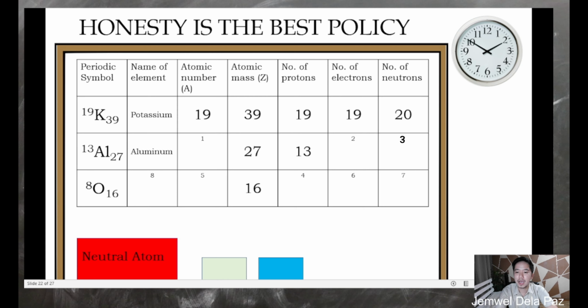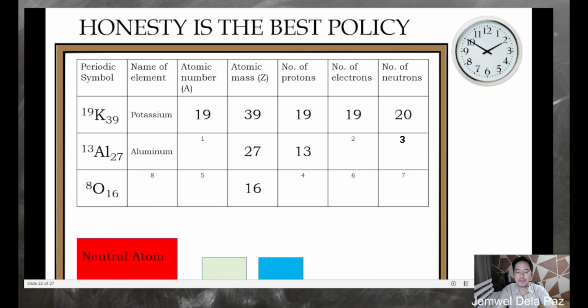Based on the given notation, potassium has an atomic number of 19 and atomic mass of 39. To complete our table, the atomic number is 19, the atomic mass is 39, the number of protons is 19, number of electrons 19, number of neutrons is 20.